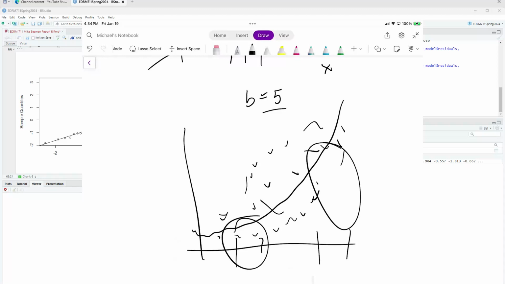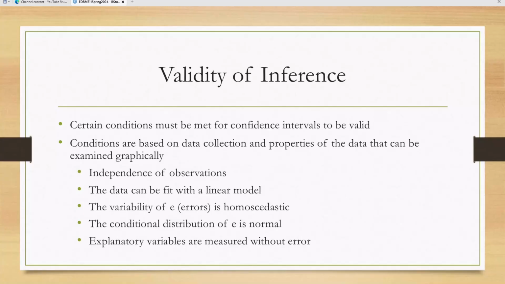So if it's curvilinear, those statements about those coefficients don't make a lot of sense. You're trying to talk about something that in fact changes along the range of x if you have curvilinear data. So that is why it's important that we have a linear model.